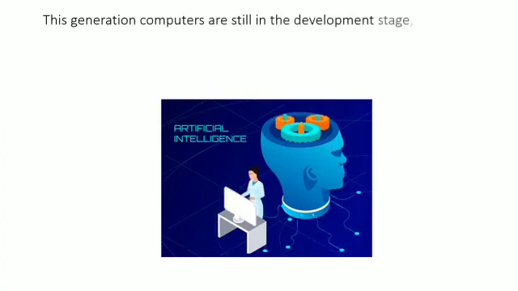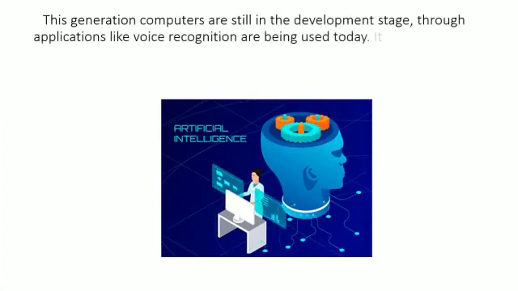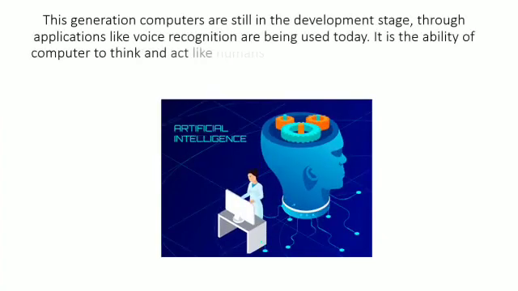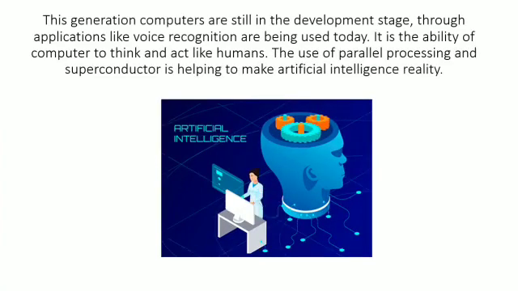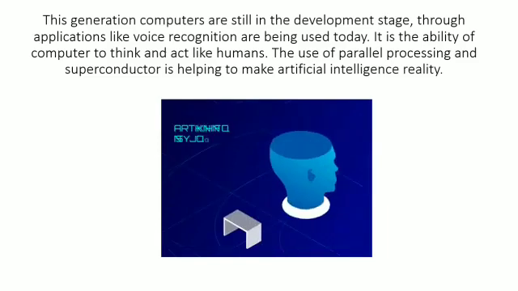These generation computers are still in the development stage. Though applications like voice recognition are being used today, the goal is the ability of computers to think and act like humans.